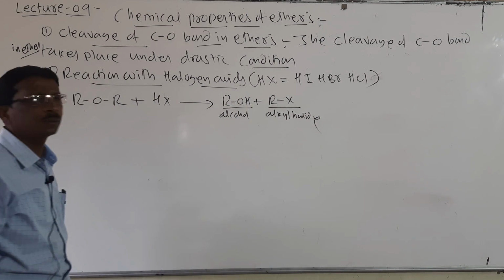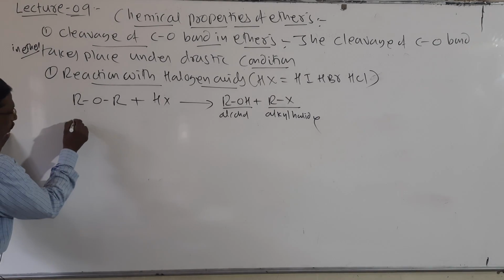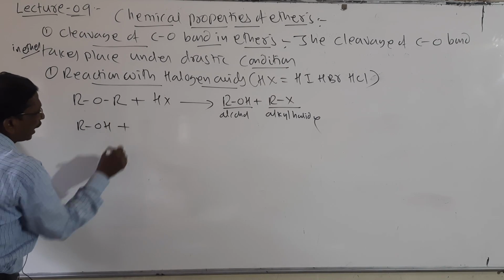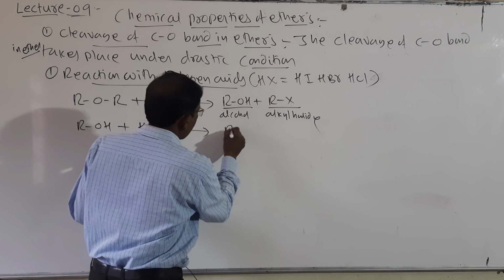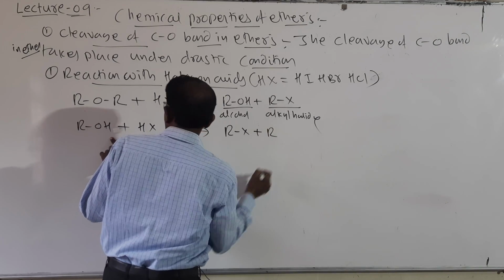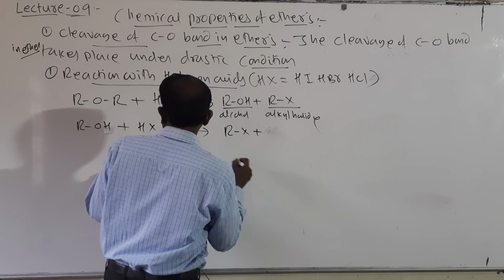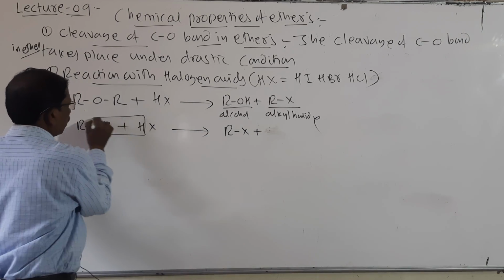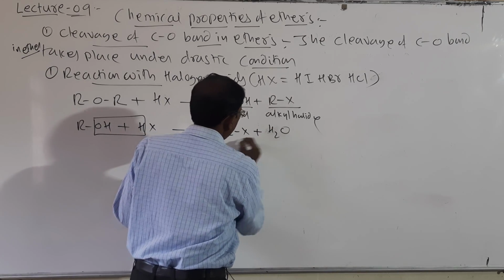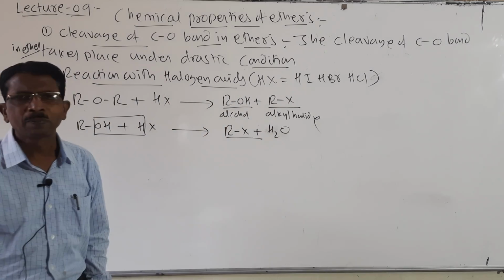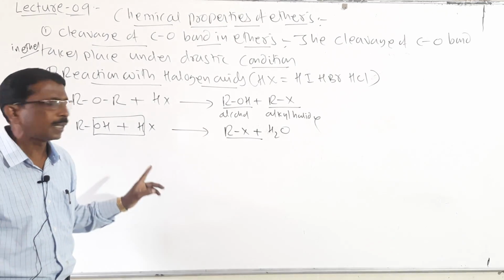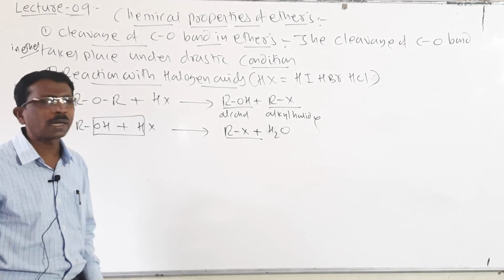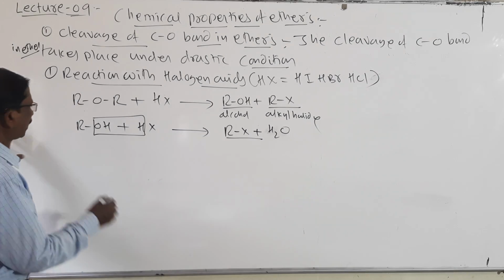This ROH further reacts with hydrogen halide and again forms RX, alkyl halide, and water is removed. If excess of HI is used, it forms alkyl halide.